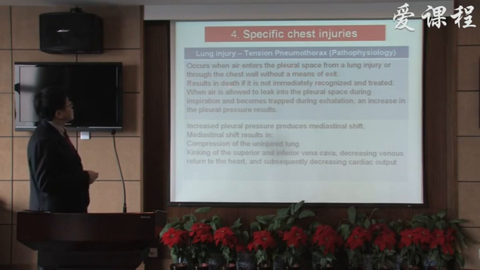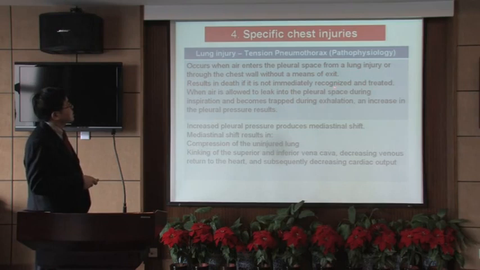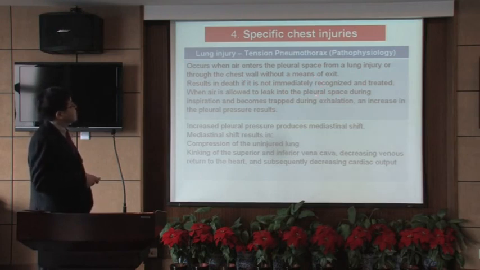So the pressure in the thoracic cavity is increased. So it will affect the patient's blood system, the hemodynamic system, and other respiratory systems. So the patient will go into shock.